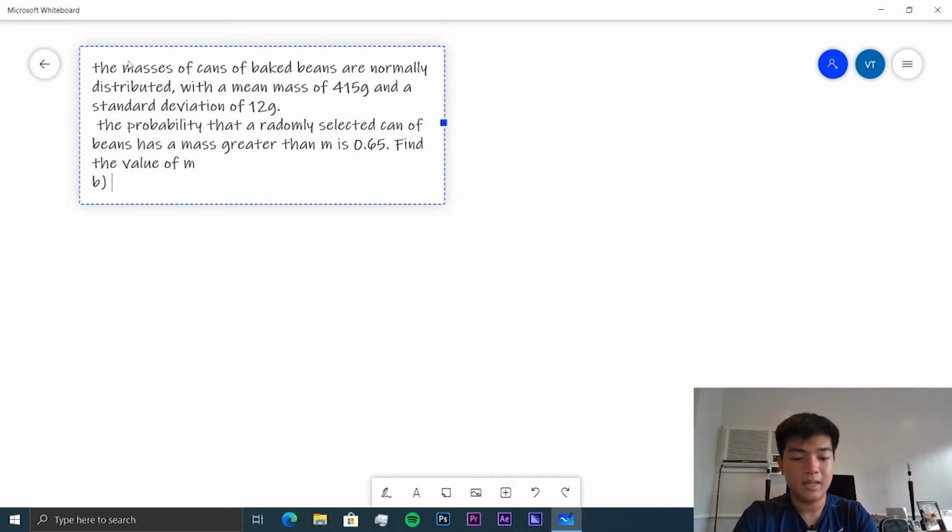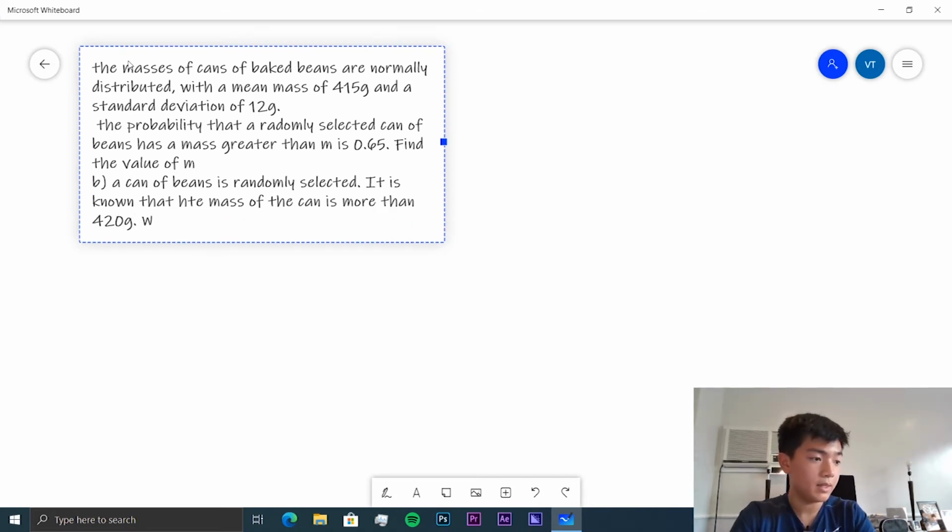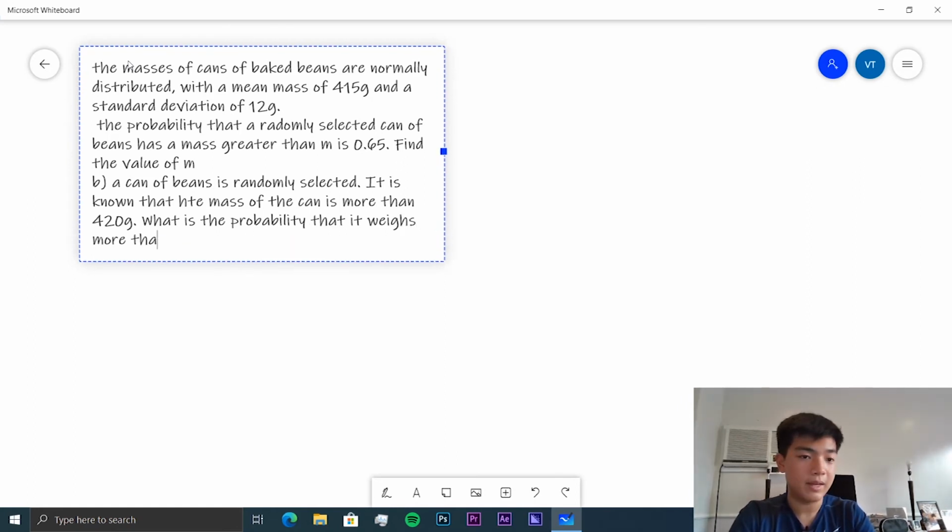Next, a can of beans is randomly selected. It is known that the mass of the can is more than 420 grams. What is the probability that it weighs more than 422.5 grams?